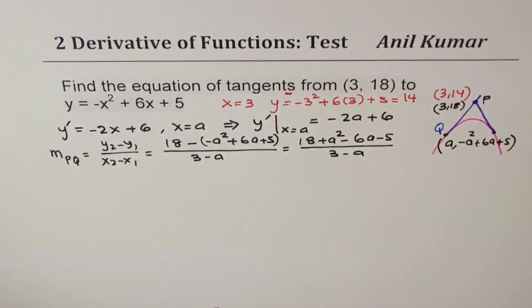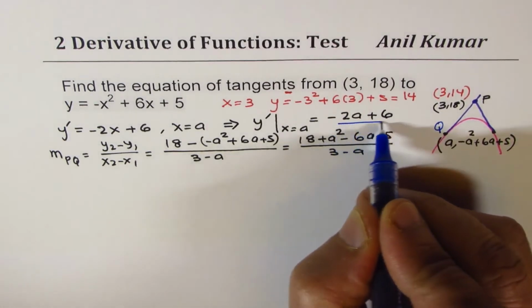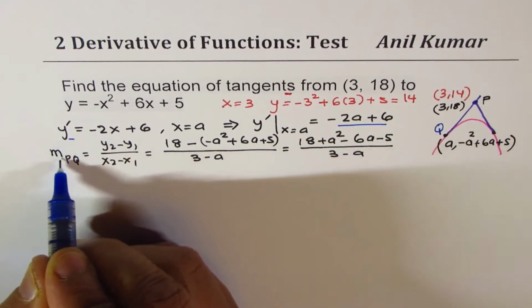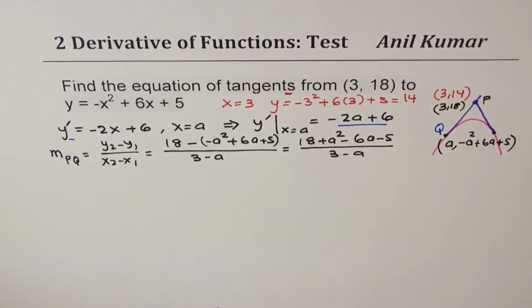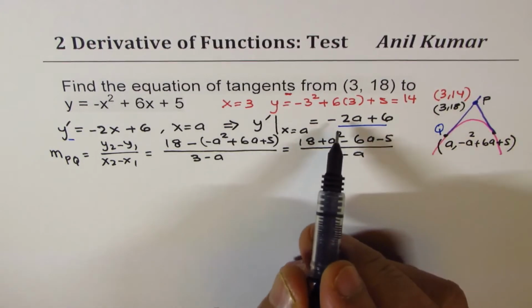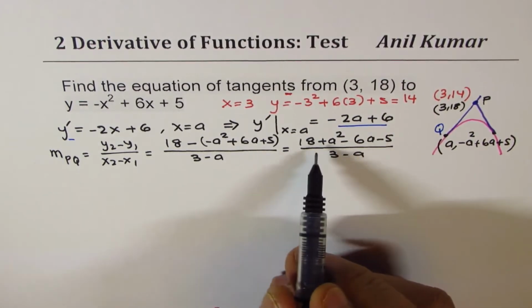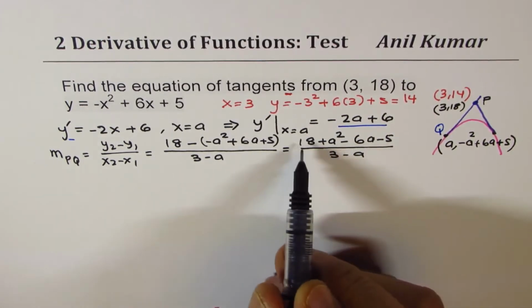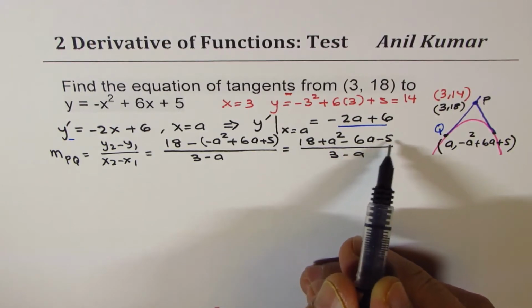Now clearly these two slopes should be the same, right? So y dash and slope PQ should be the same. So we can equate them and solve for a. Let me simplify this: a square minus 6a, and 18 minus 5 is 13, right?